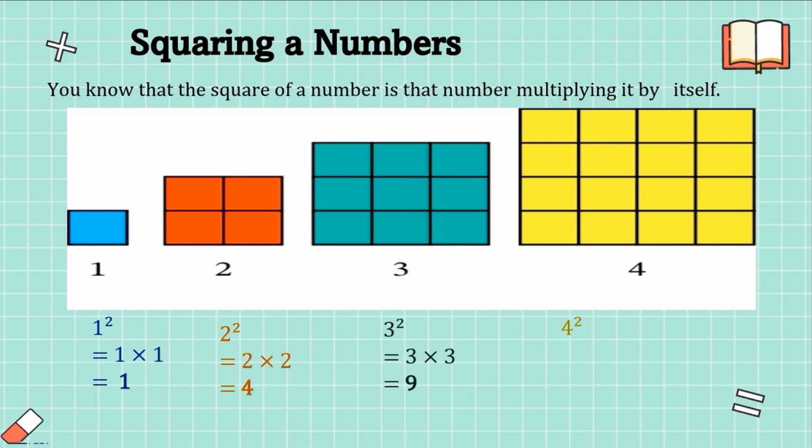Multiply the number by itself, that gives us 4 times 4 is equal to 16. So, the square of 4 is 16. In general, when squaring a number, you multiply the number by itself. This process can be extended to many positive integers, allowing you to find the square of any number.